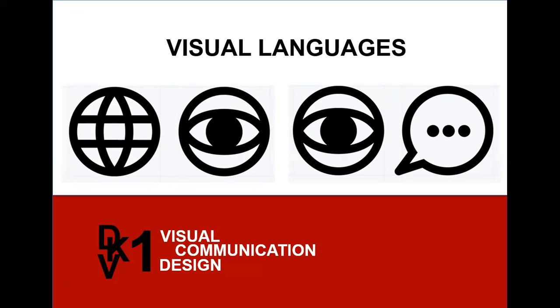There is some vocabulary for visual. There is some grammar that you need to learn, because when you convey a message through visual, what will the audience get? What message will they get?